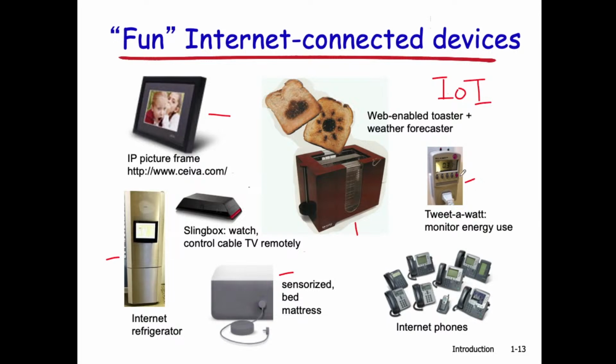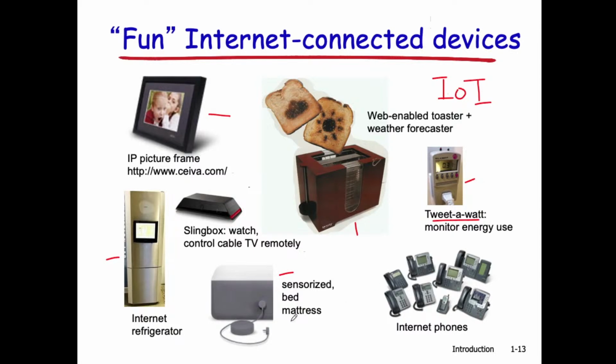Okay. So for example, Tweet-a-Watt. This is a smart meter that connects to the internet, and this meter can actually take the reading and go on Twitter and tweet the reading itself. So you can imagine that power suppliers, energy suppliers, can just take the readings from Twitter without taking a trip, okay, to your home.